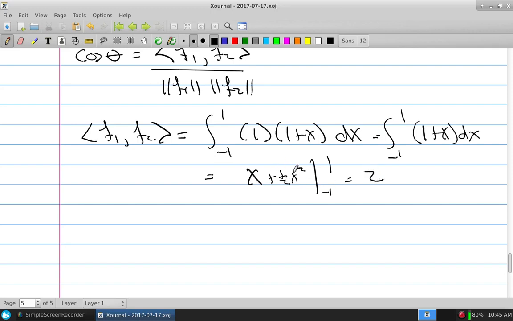But for the other term, plug a 1 in, we get 1/2. Plug a -1 in, we get 1/2. They subtract to 0. That's why odds drop out from -1 to 1, and so I didn't have to worry about integrating that. I just get 2. But what was the length of f1? We already calculated it. Radical 2. What's the length of f2?